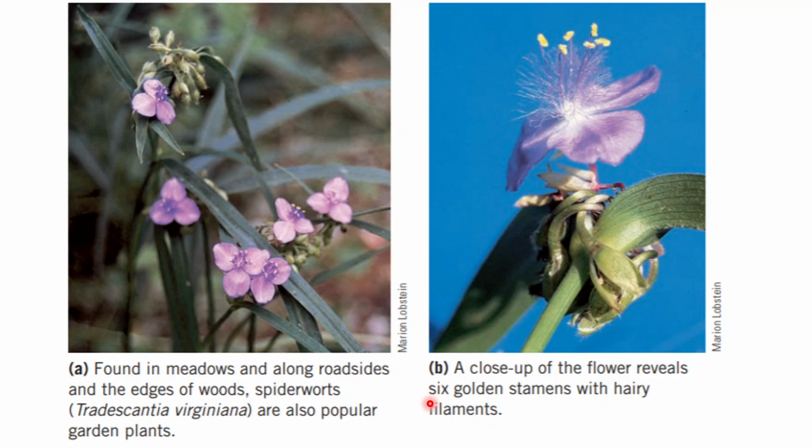In the case of Tradescantia, the genus is Tradescantia, and the specific epithet is virginiana, which is specific for this species.